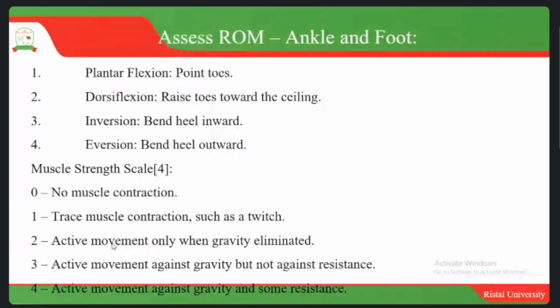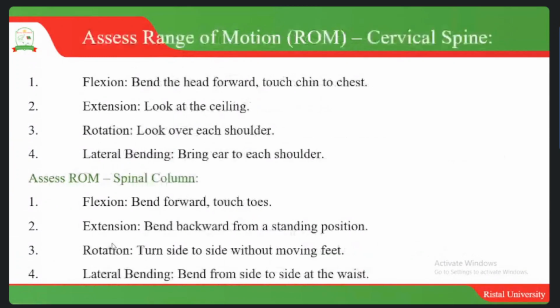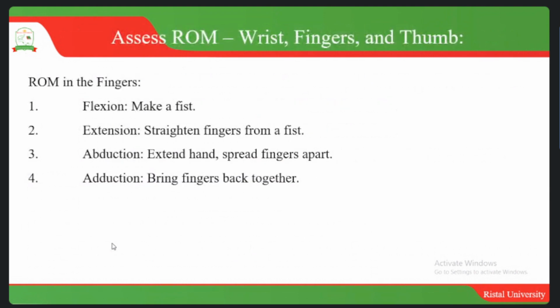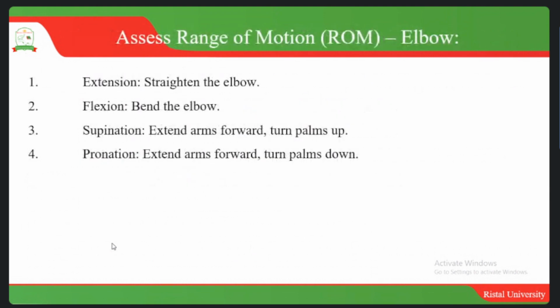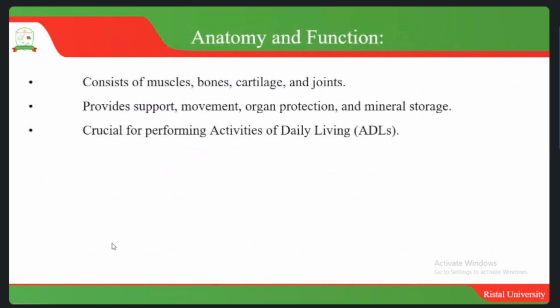In relation to the musculoskeletal system, we are supposed to assess the different regions, the different parts of our patients' bodies. You first have to start with looking at the patient's abilities to move, and if the patient is not able to move, what could be the problem.